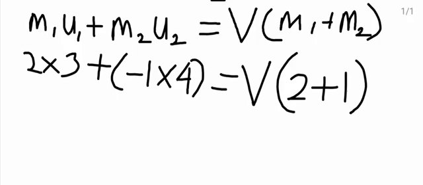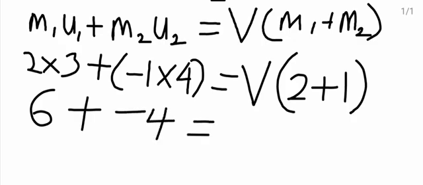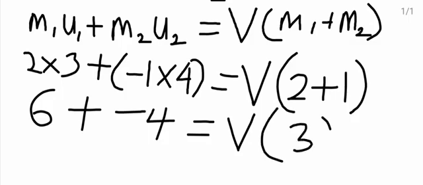So let us do this together. 2 times 3 is 6, plus minus 1 times 4 is minus 4, is equal to v, open bracket, 2 plus 1 is 3. So 6 plus minus 4. Whenever you see that plus and minus come together, that gives you minus.